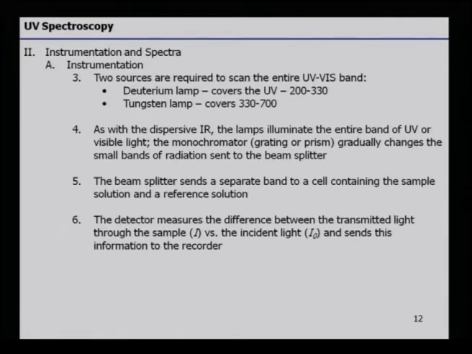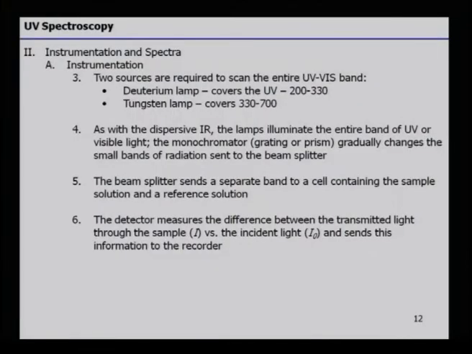As with the dispersive IR, the lamps illuminate the entire band of UV or visible light. The monochromator or the grating prism gradually changes the small bands of radiation sent to the beam splitter. So, what it means is that these polychromatic lights must be changed to monochromatic light with the help of the beam splitter.